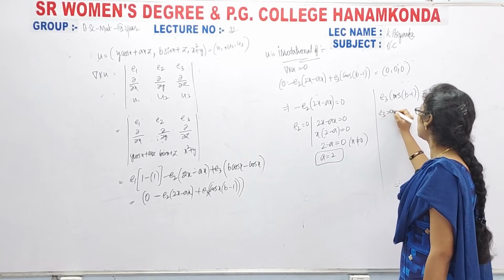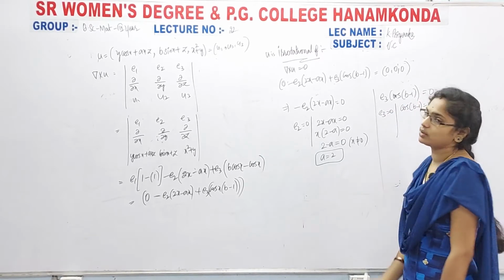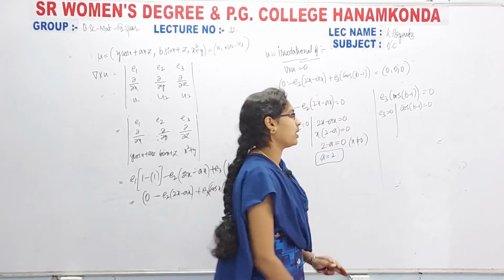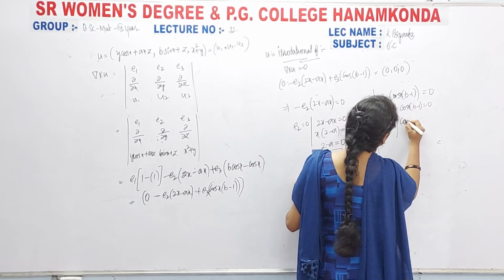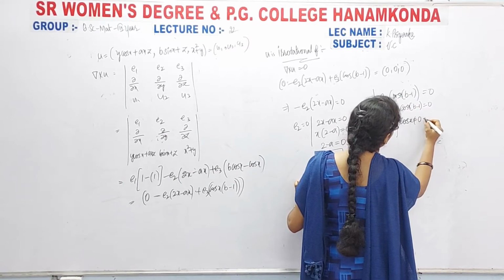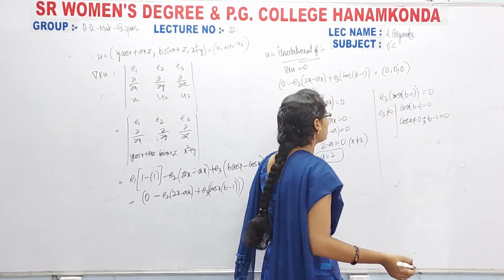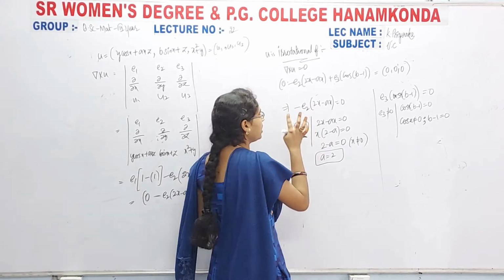Next, e3 of (cos of b minus 1) is equal to 0. From this, e3 equal to 0, and here cos of b minus 1 is also equal to 0. Here we do not have any value for y and so on, and here it is cos x. So I am taking cos x which is not equal to 0, therefore b minus 1 equal to 0. Of course, we cannot say both these values are equal to zero.